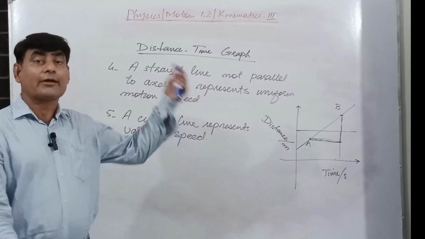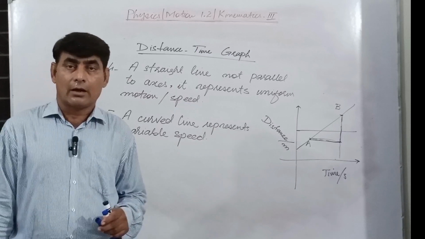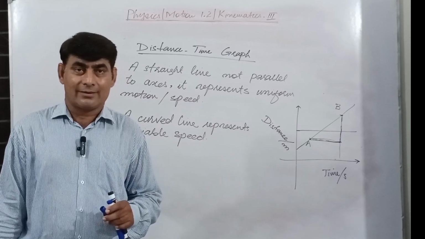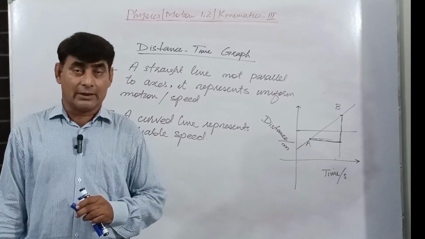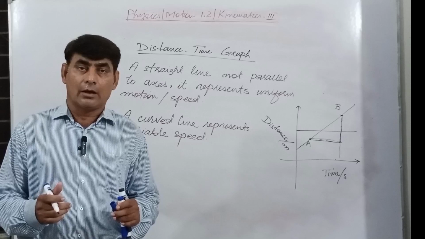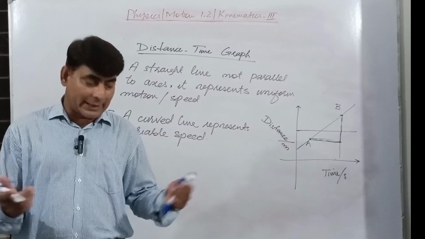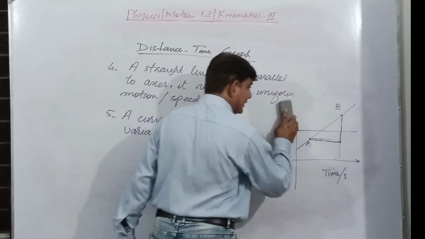Then speed is increasing. But if distances decrease in the same interval of time, for the same interval of time, distances decrease, then this is decreasing speed. Okay, on graph, how will we represent this?